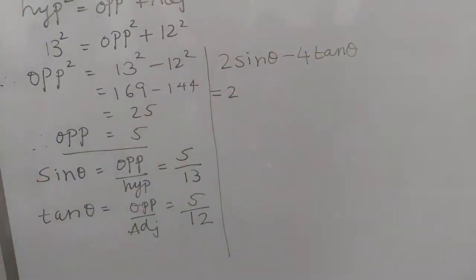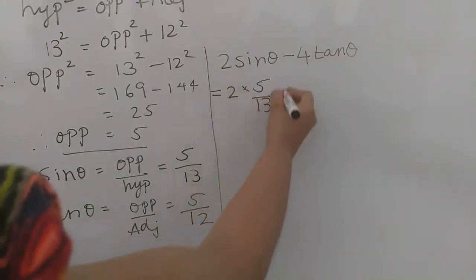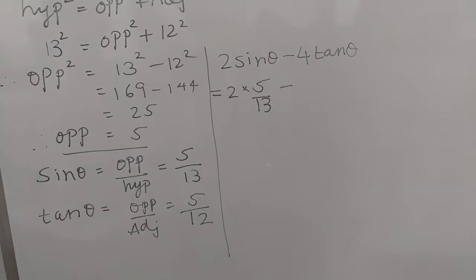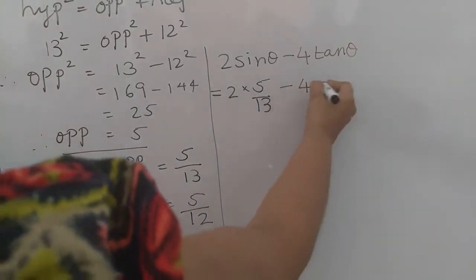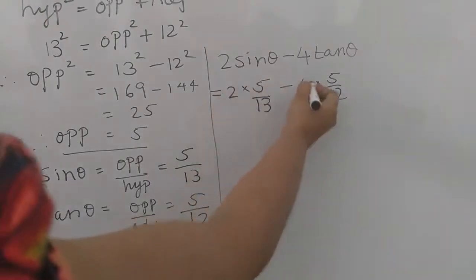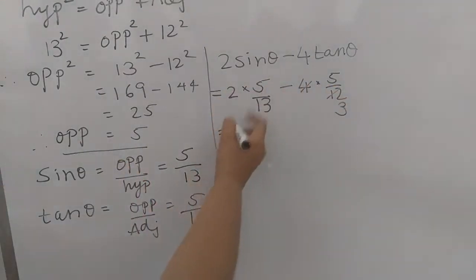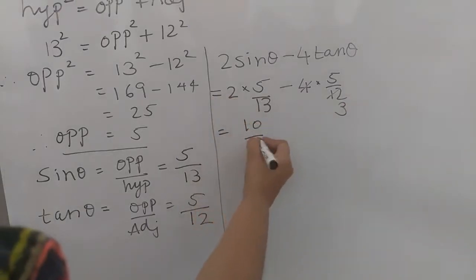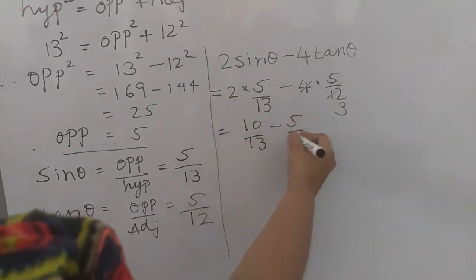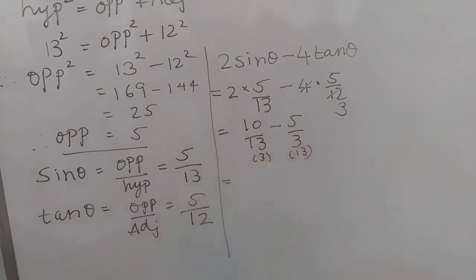Substitute here values accordingly. Sine theta we have found right now is 5 divided by 13 and tan theta is 5 by 12. So this you can cut, 4 3s are 12. And here 5 2s are 10 by 13 minus 5 by 3. Taking LCM, we will solve this.